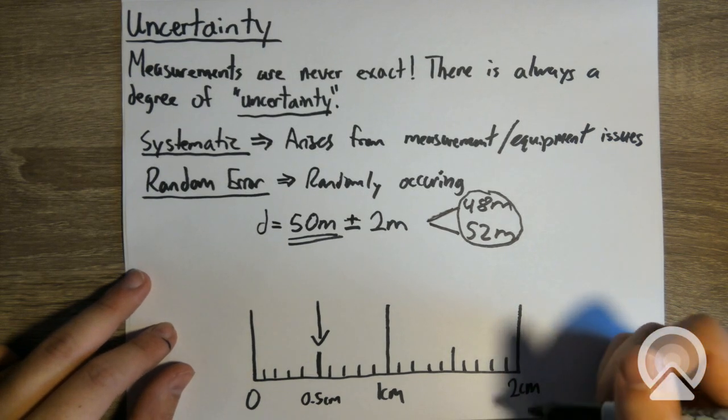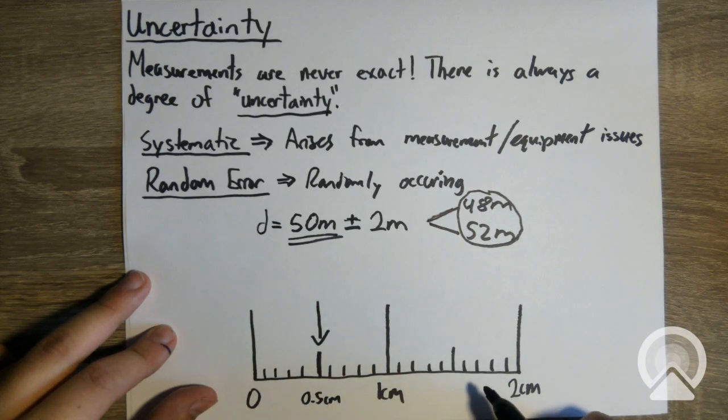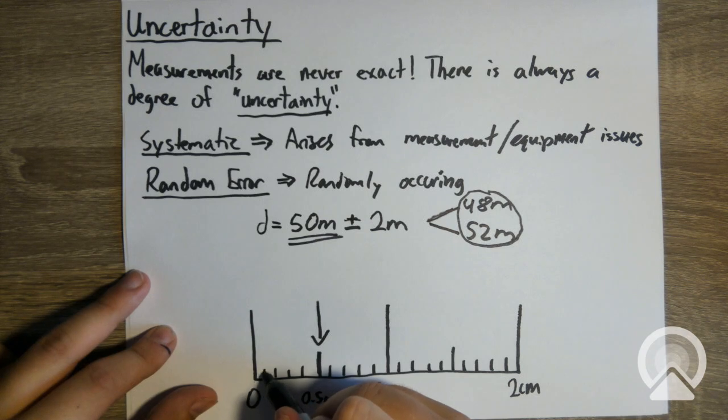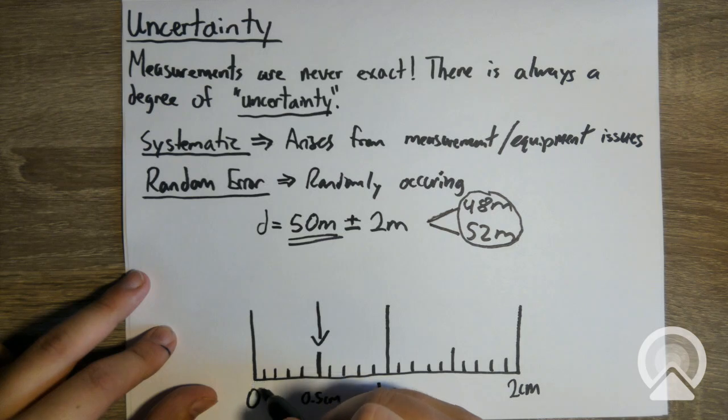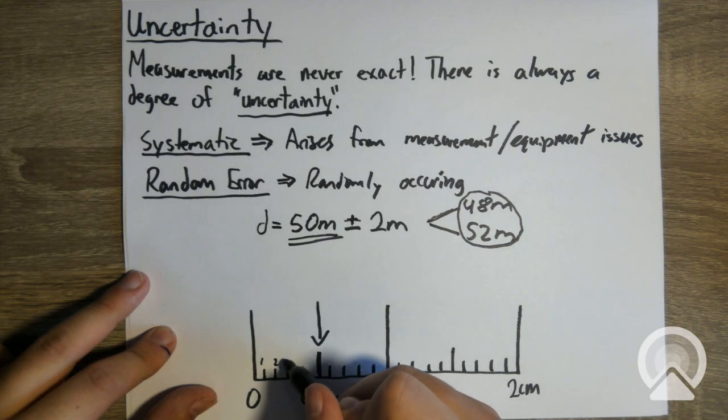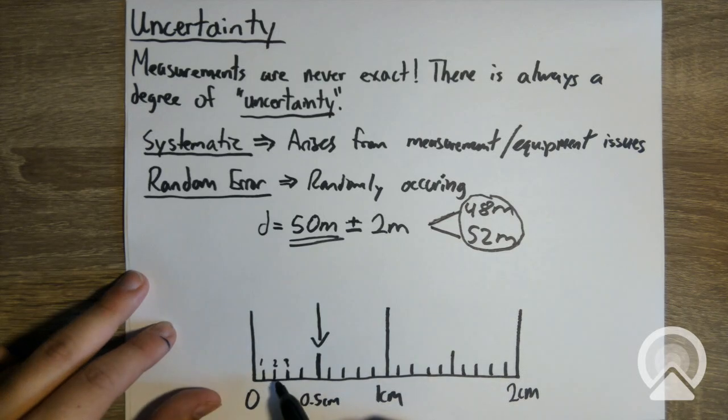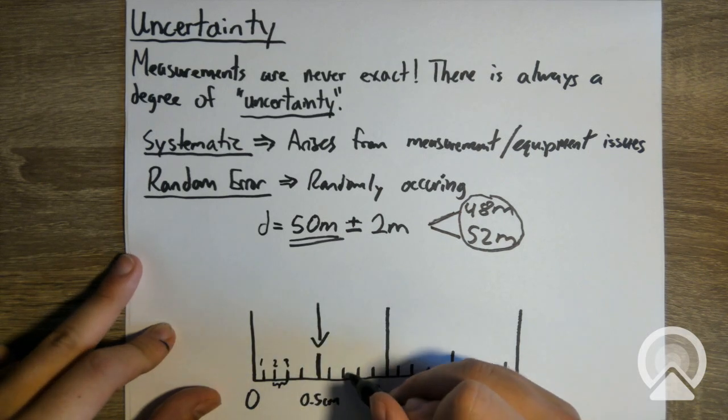Well, we can look to the precision of this device and say, okay, the smallest increments we have are 1 millimeter. So this is 1 millimeter, 2 millimeters, 3 millimeters. Beyond that, it's just empty space, right? And so that would be our uncertainty.